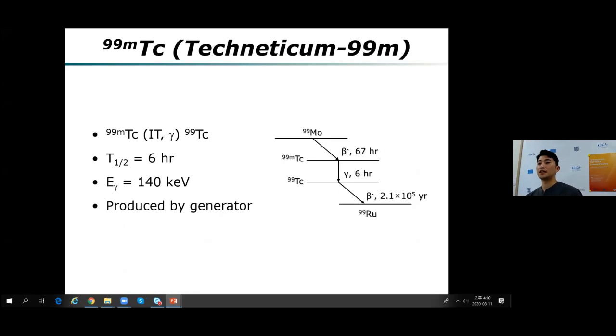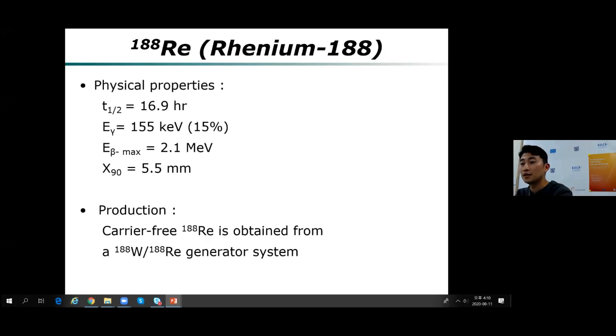Technetium is easily accessible and easily usable in our nuclear medicine field for diagnosis using SPECT imaging, because its half-life is adequate, it emits gamma rays, and it is easily produced by a generator, so we can use this radionuclide as a diagnostic imaging agent.